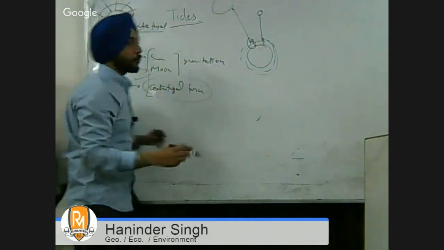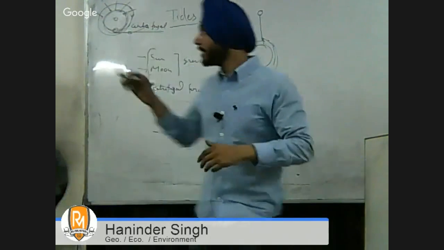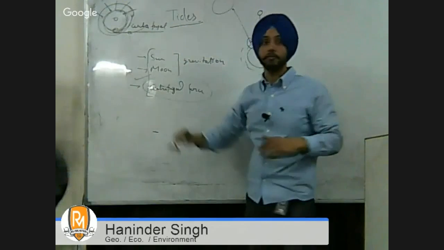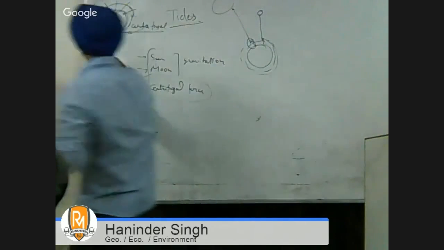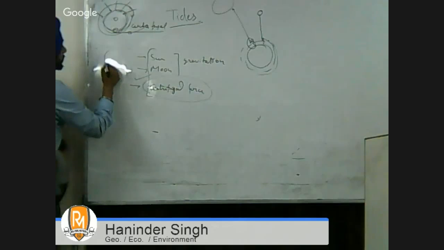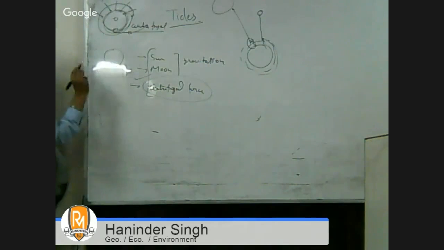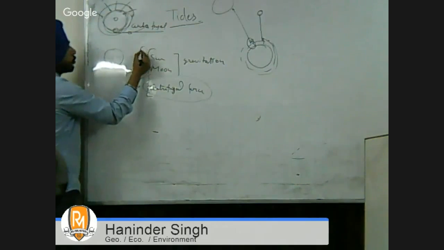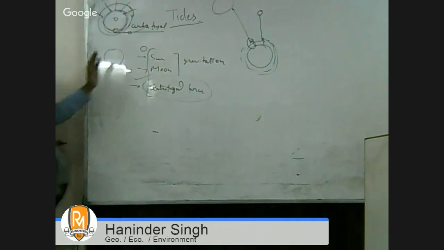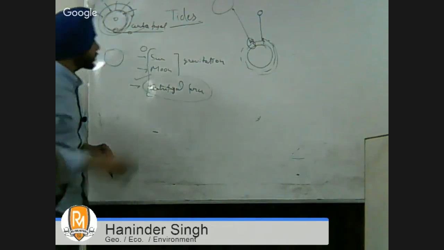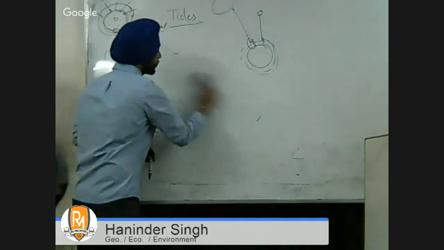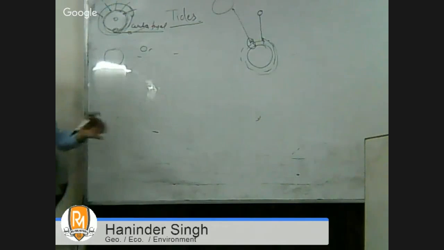Now, why are tidal waves dependent on centrifugal force? Look, suppose this is earth. Here is the moon. We take the moon because the gravitational pull of the moon is more than twice that of the sun. It is 2.2 times that of the sun.